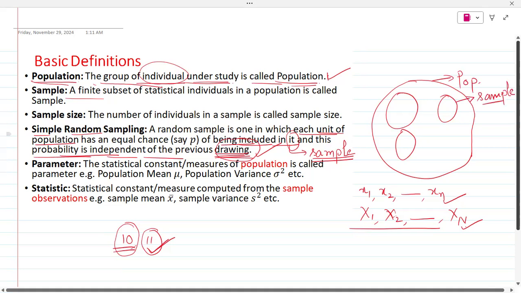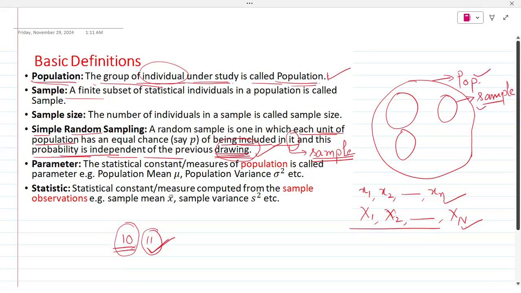Now, both population as well as sample will have their statistical constants or measures. For example, mu and sigma square are statistical constants which are associated with the population.